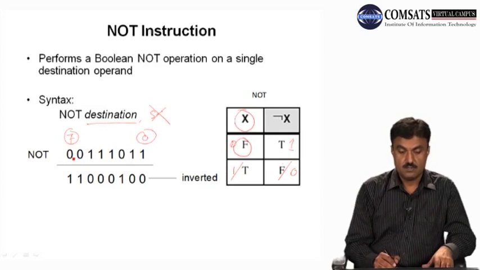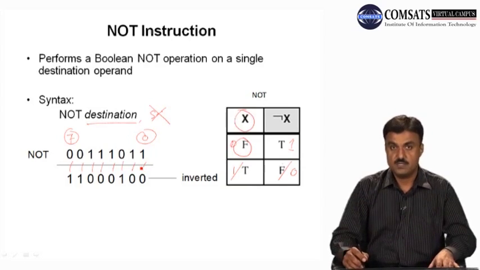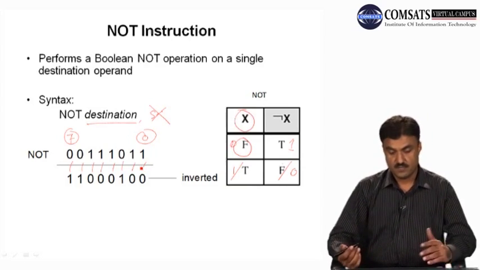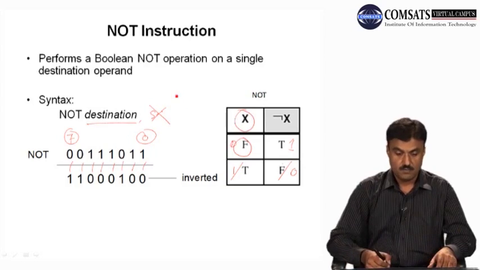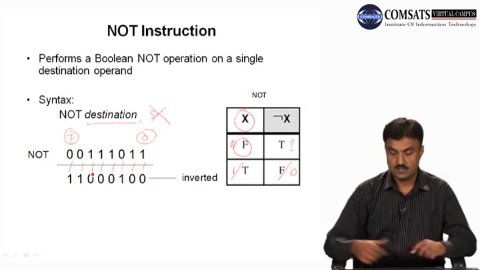If it is 0 0 1 1 1 0 1 1, it will be inverted. You can see the inversion. Zeros are converted to 1 and 1s are inverted to 0. So this 1 we invert to 0, this 1 is 0, 0 is 1, and so on. So these are very simple operations.